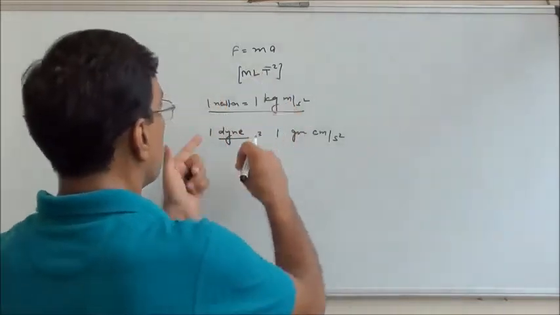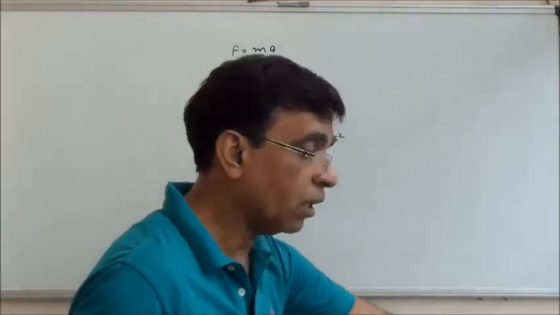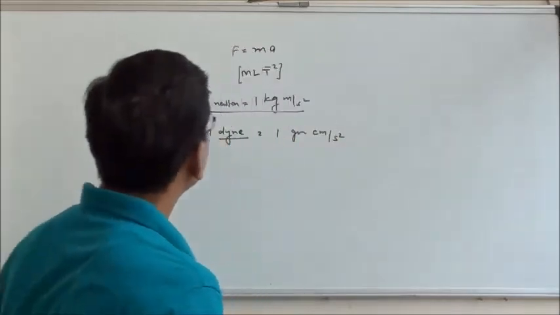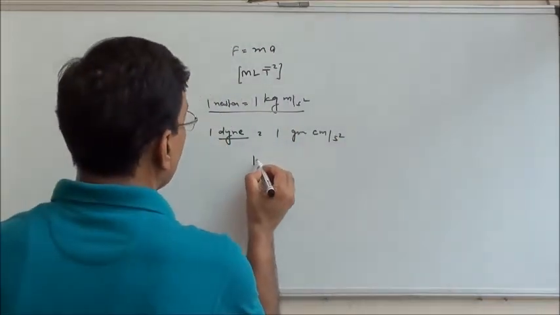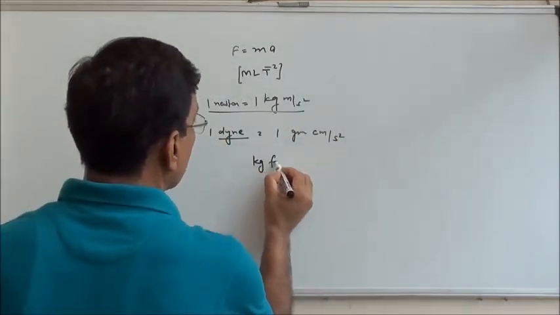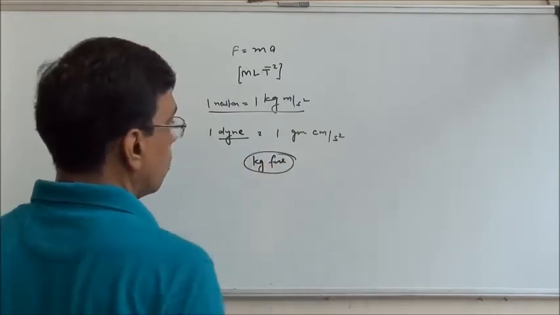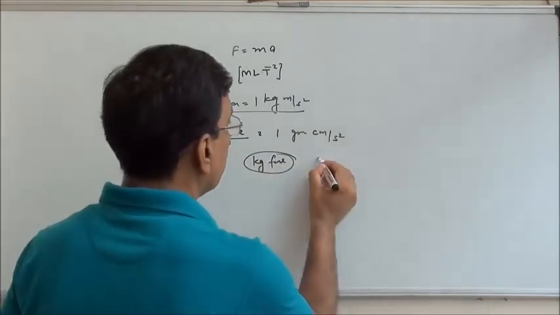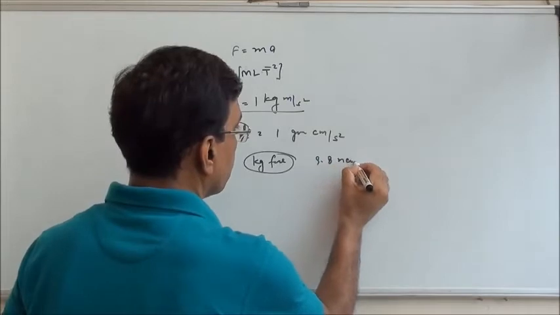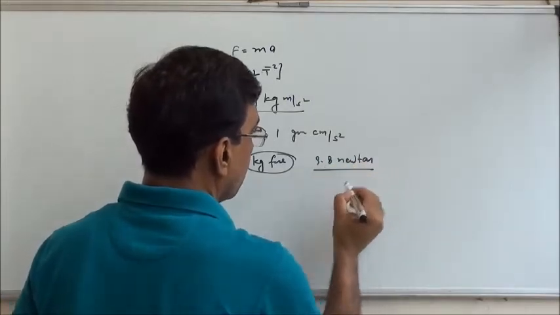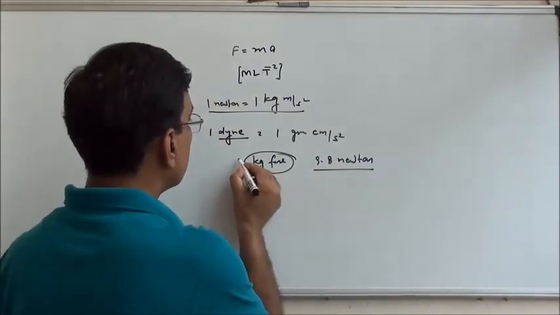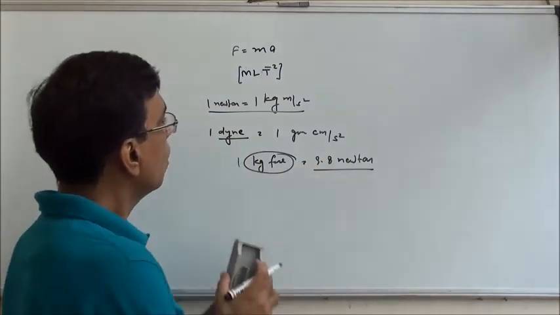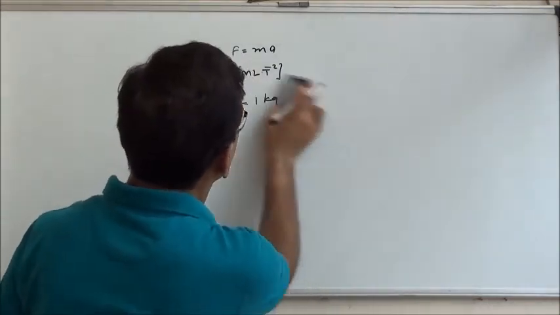We can find a relation between the two also; we have done that in the first topic, dimensions. There is another unit, kg force. 1 kilogram force means 9.8 Newton. This is another unit of force.